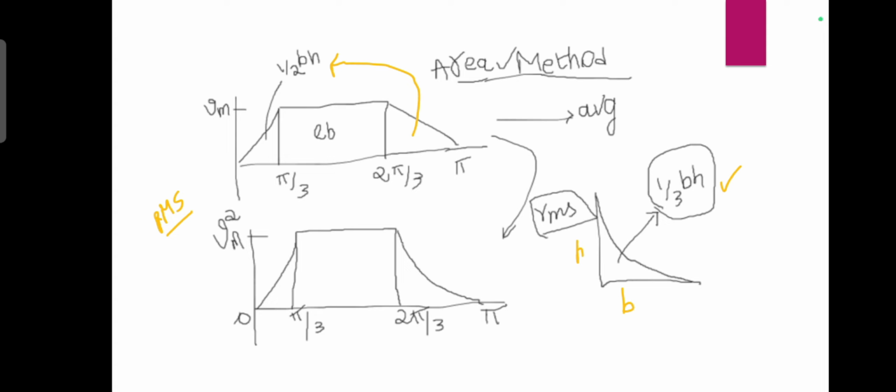So what is the difference? Pi minus 2 pi by 3 is pi by 3. So 1 by pi by 3 into half into base into height.